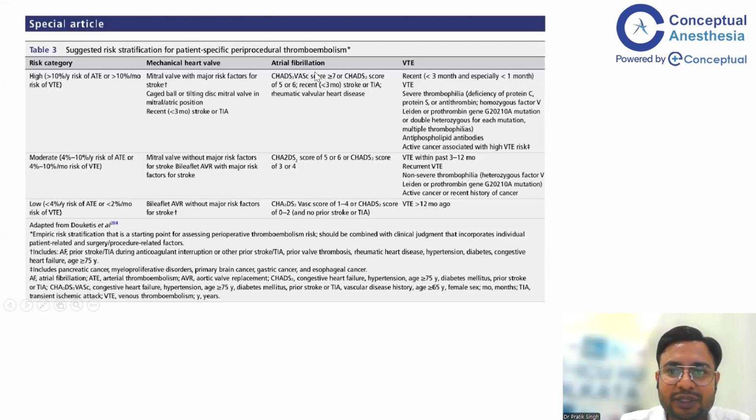For atrial fibrillation, we check the CHA2DS2-VASc score, which includes congestive heart failure, hypertension, age, diabetes, prior stroke, and prior venous thromboembolism history. Considering this, we decide whether the patient ends up in the high category, which is more than 10%, moderate, 4 to 10%, or low, less than 4%. And depending on that, we start thromboembolism prophylaxis or therapy for the patient.